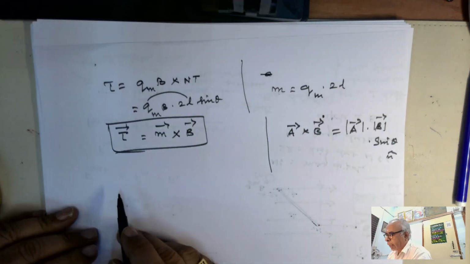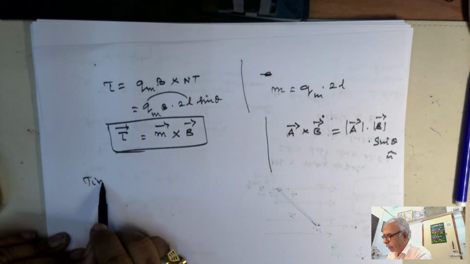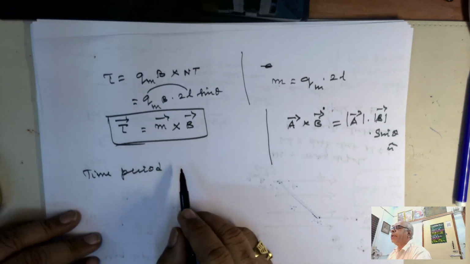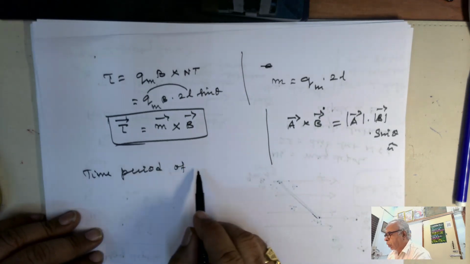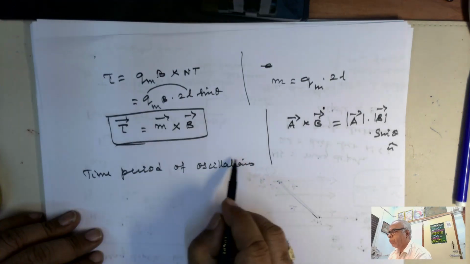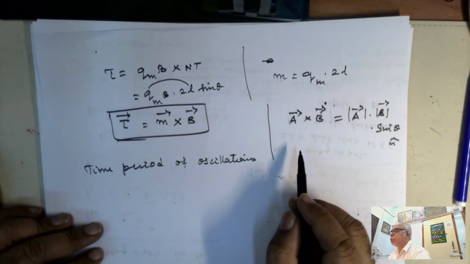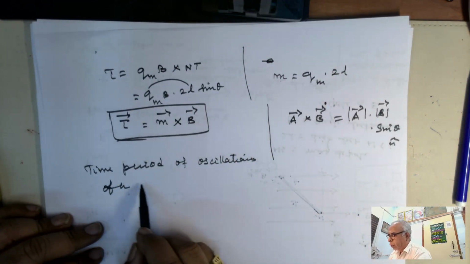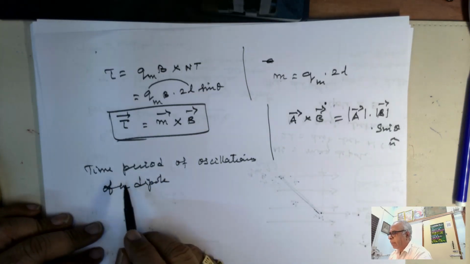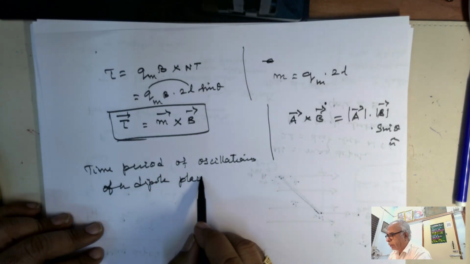Now let us work out the time period of oscillations of a dipole placed in a uniform magnetic field.